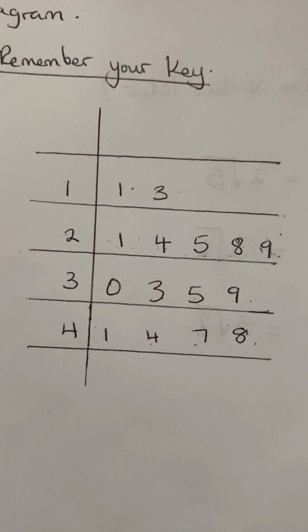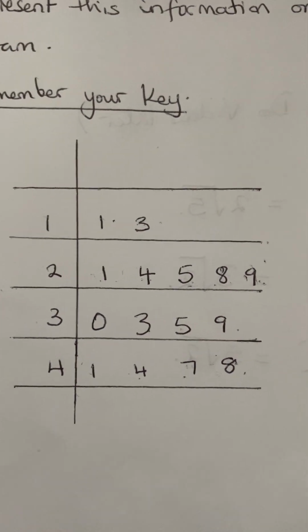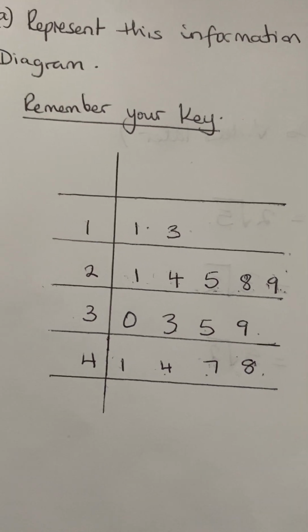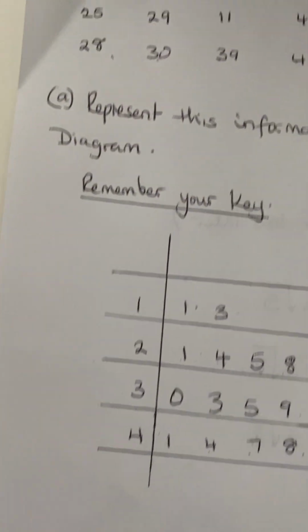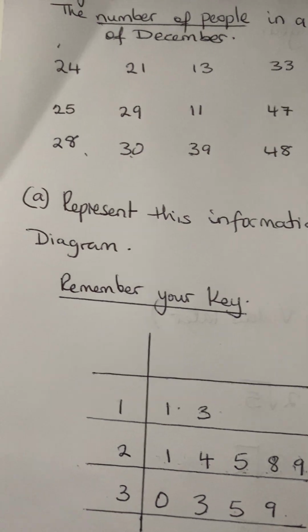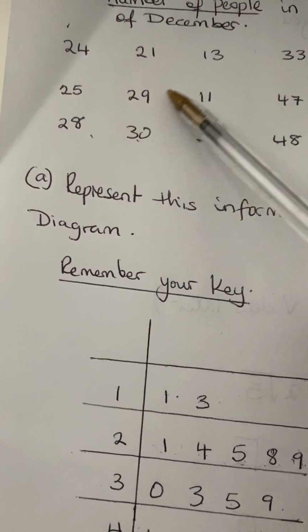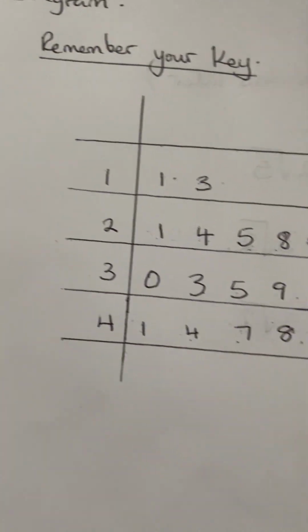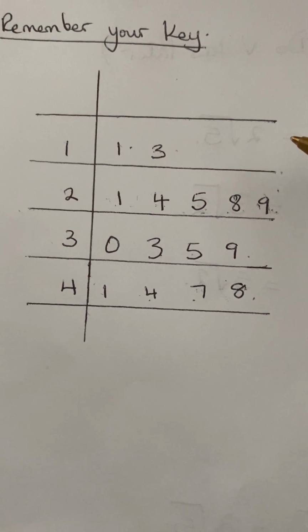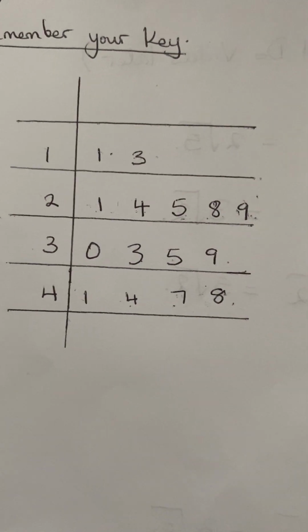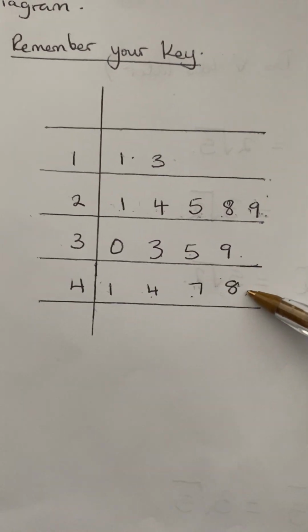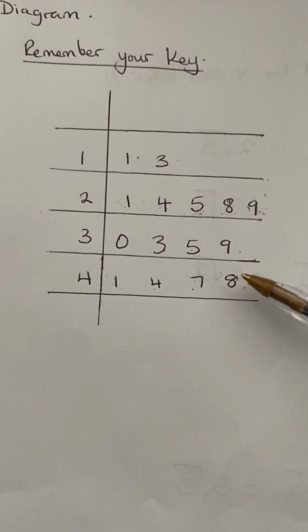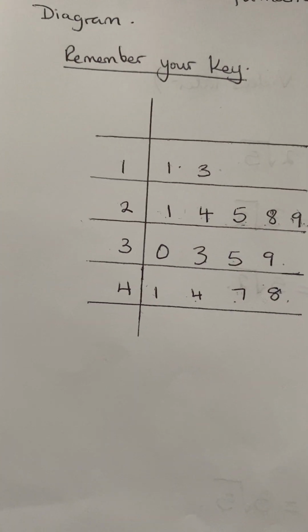We discussed this in our stem and leaf video, so go and have a look, and then remember your key. I remember telling you that you can do the unordered one on the side, cross it out, and then quickly order them, or you can just do it straight away.